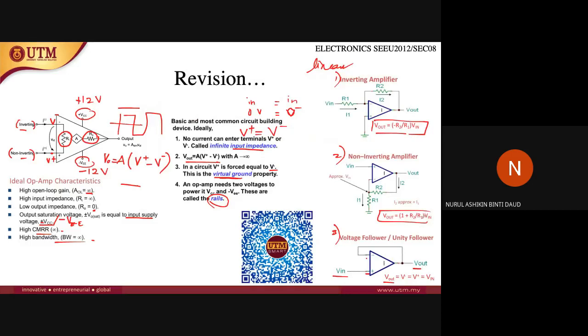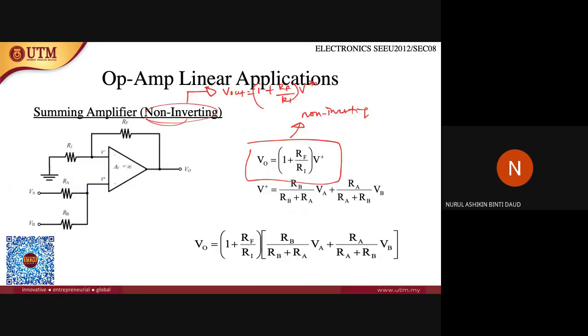But in this case we cannot use this straight away, because we don't know what this V plus is. So V plus is equal to here, where there is a parallel resistor, which is RA and RB.